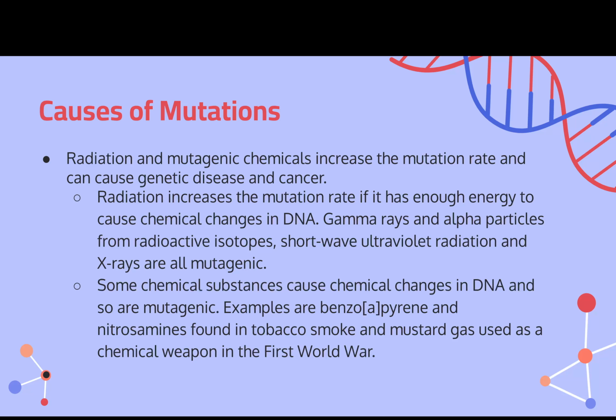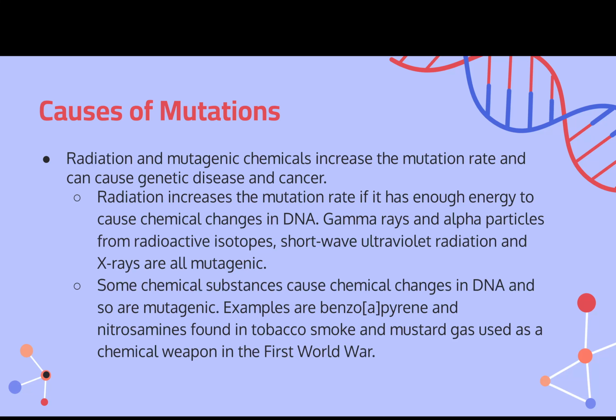Now, some chemical substances can cause chemical changes in the DNA and therefore are mutagenic. And these chemical substances, when you are exposed to them, can cause cancers and genetic diseases. An example is benzopyrene, and nitrosamines, which are found in tobacco smoke, and mustard gas.